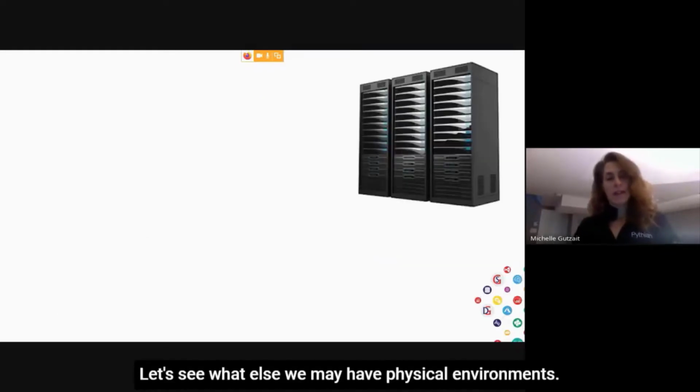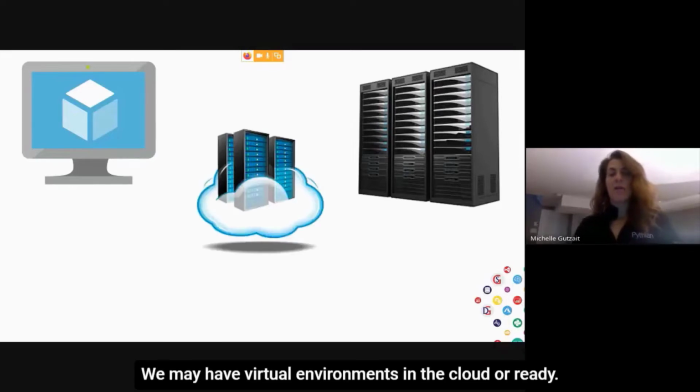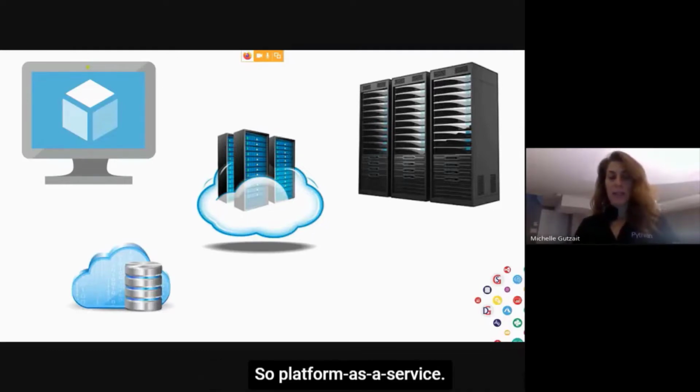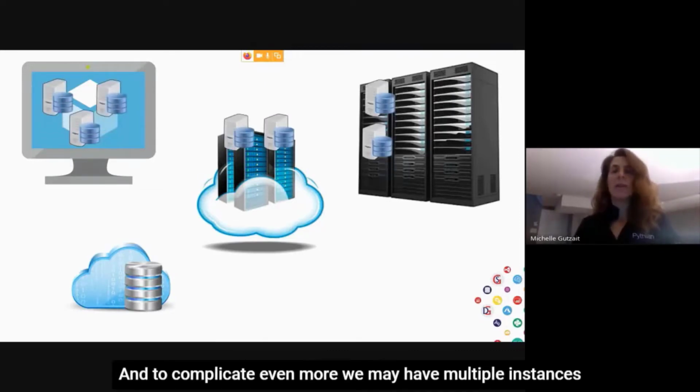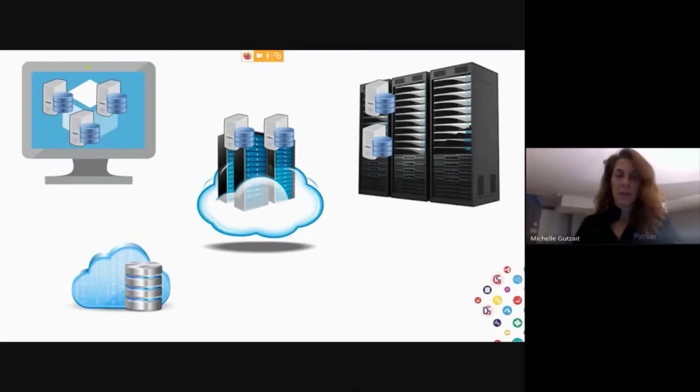Let's see what else. We may have physical environments. We may have virtual environments. We may have virtual environments in the cloud already. We may have databases in the cloud, so platform as a service. And to complicate even more, we may have multiple instances installed on either the physical server or the VMs.